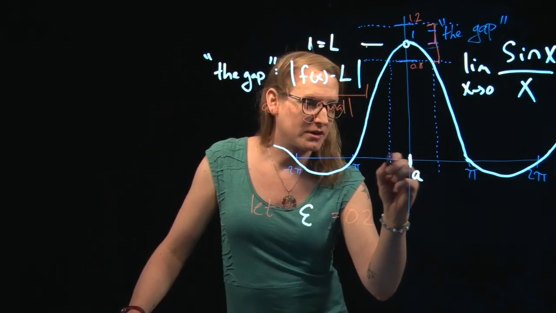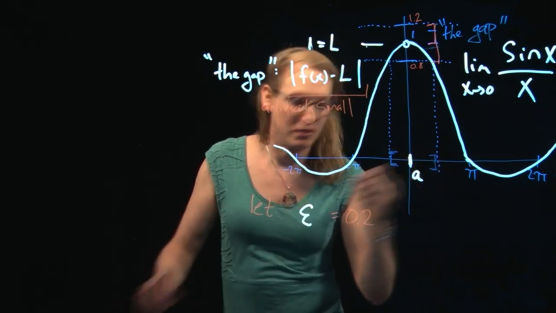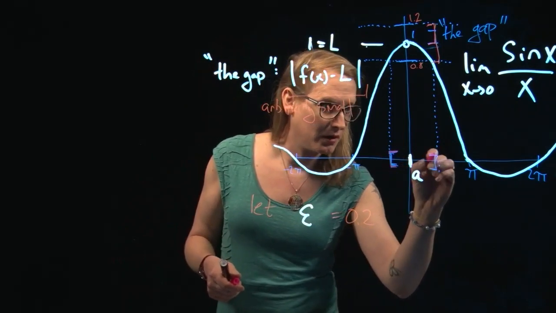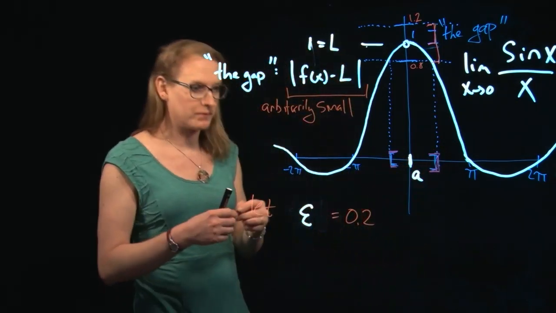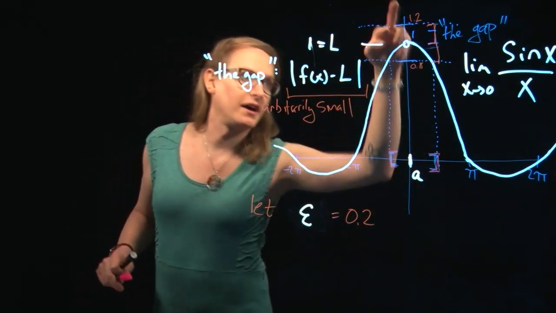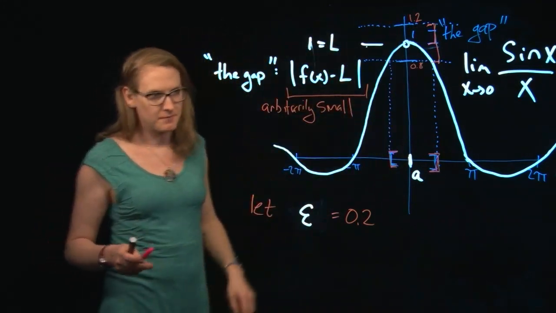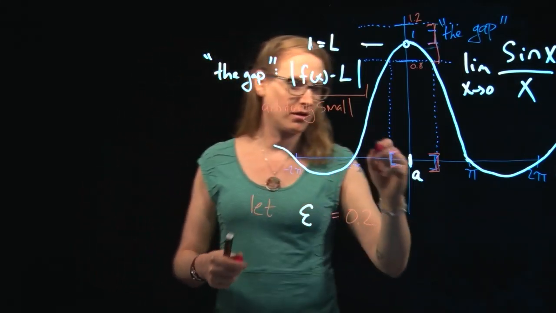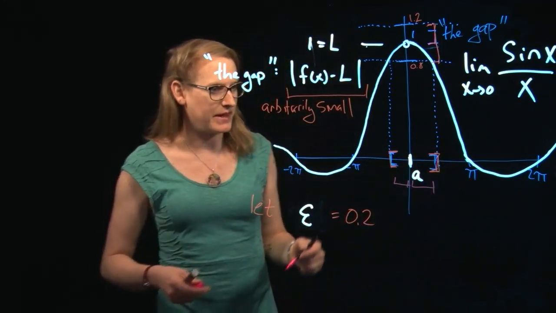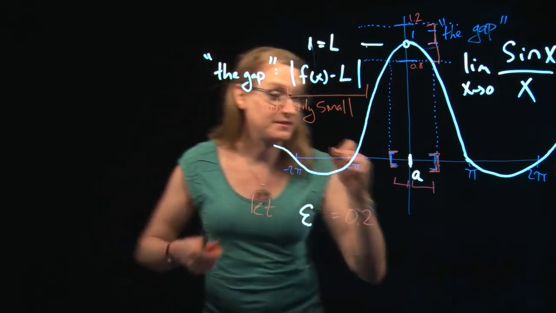So as long as I'm in the window right here, which is centered about A, I end up inside of this vertical window, which is centered at L. So this distance here, the distance between A and the outer boundaries, the classic name for that value is delta.